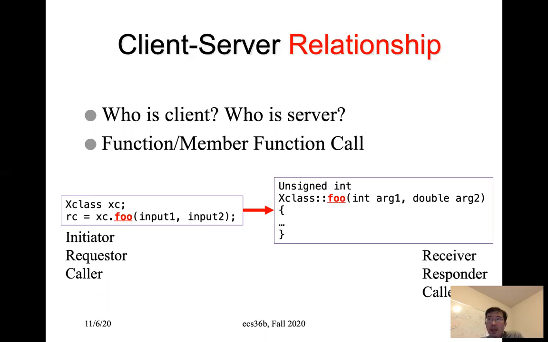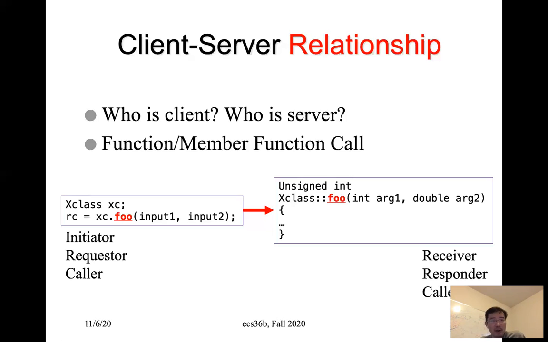I'm trying to provide some terminology, and sometimes you hear me saying caller and callee. On the left side is the caller, making a call, and the right side is the callee, the one being called. Or you can use other terminology which I try to relate to client and server: one is the requester, and the other side is the responder, or initiator and receiver. What is the requester?